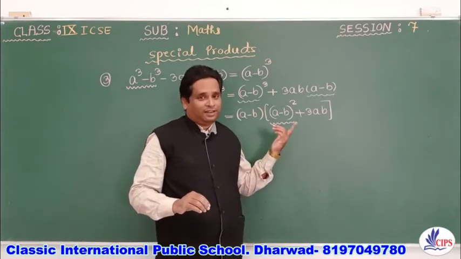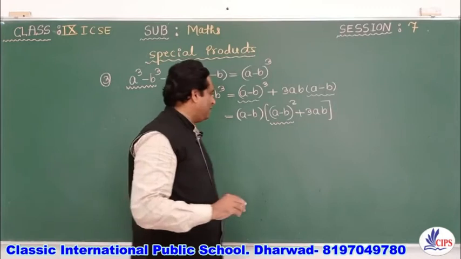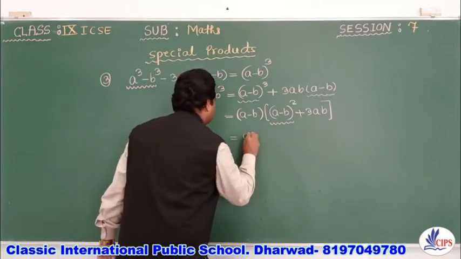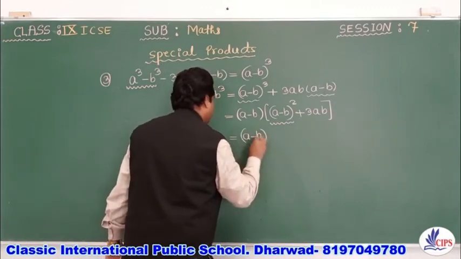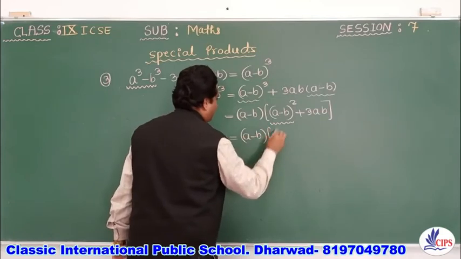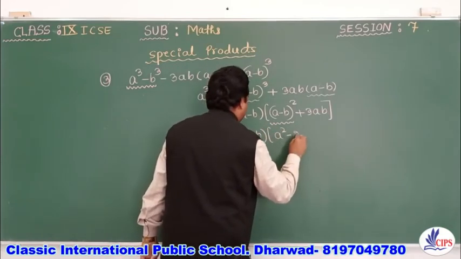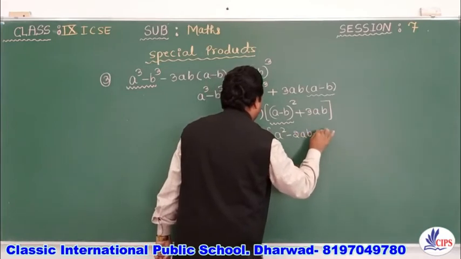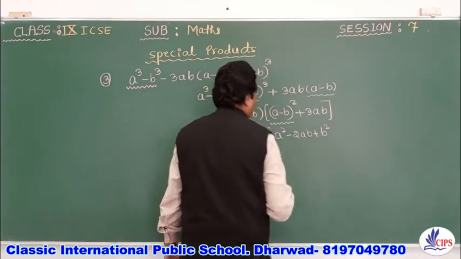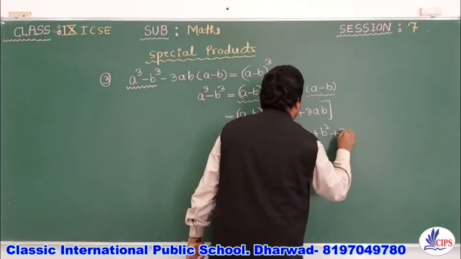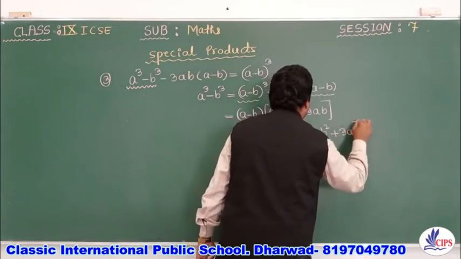However you want, you can write it, children. Right? Okay. I'll write a minus b as it is, and here I will write a minus b whole square as a square minus 2ab plus b square plus 3ab.